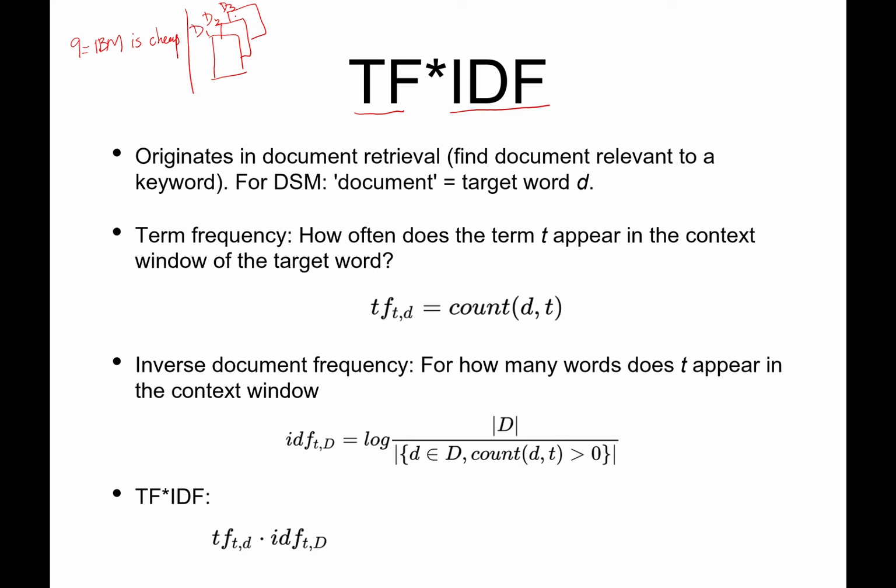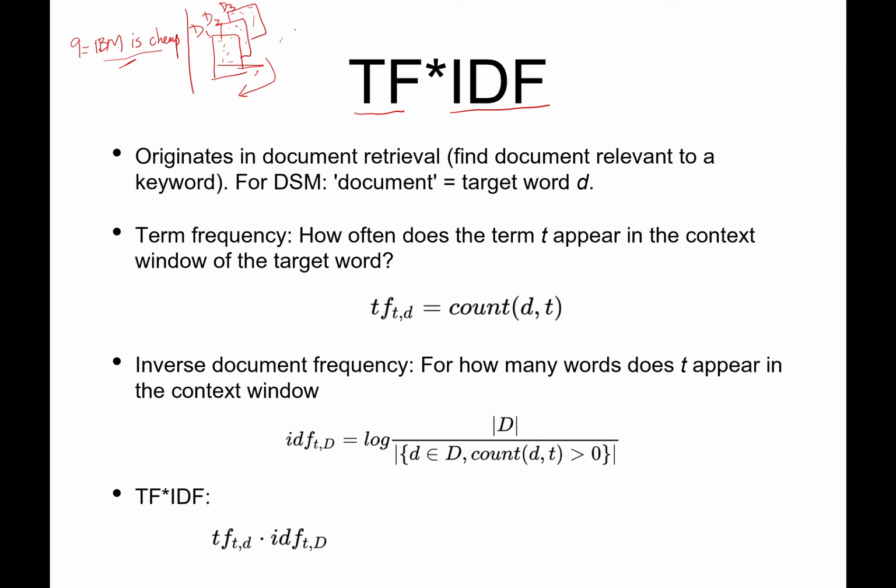And these documents have a bunch of words in them, each one of them. Now you have to represent these documents in a way that when I have a new query, I can compute similarity between the query and each one of these documents, and then I can return the documents that are most similar to the query.